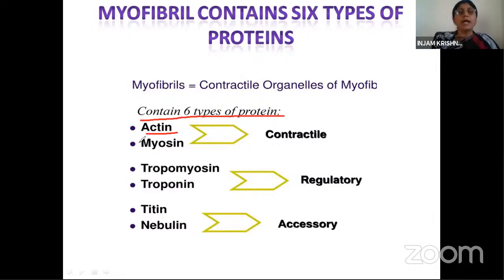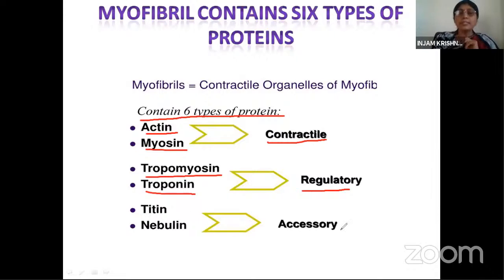Actin and myosin. These are the contractile proteins. Already we discussed it. Contractile means they are able to contract. And tropomyosin and troponin, they are the regulatory proteins. They are able to regulate the mechanism of the muscle contraction.